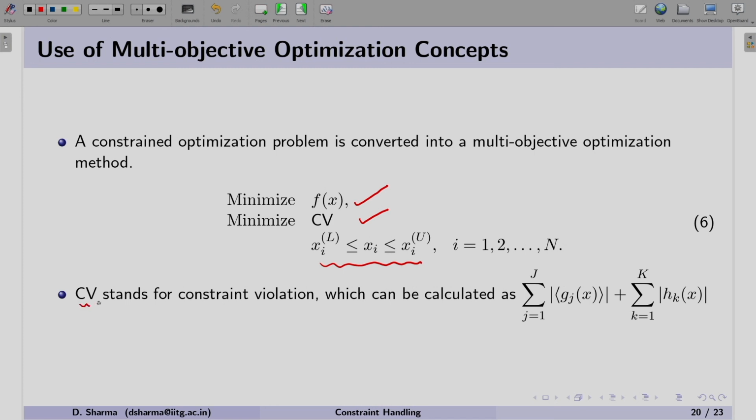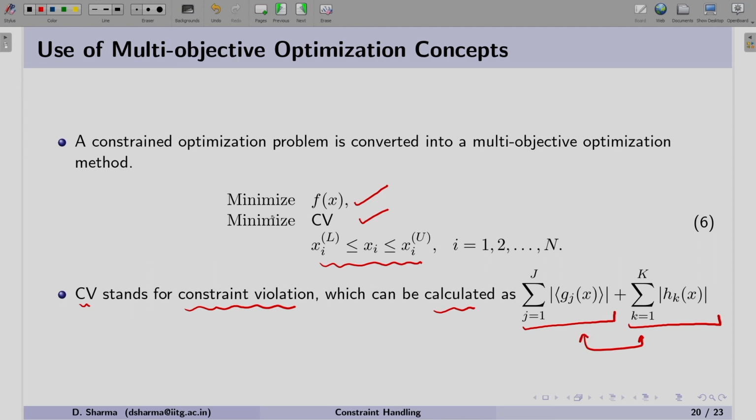What is CV here? CV stands for constraint violation, which we can calculate as follows. This is the constraint violation coming from the inequality constraints, and the second term is the constraint violation from the equality constraints. When we add these two terms, that becomes the constraint violation.